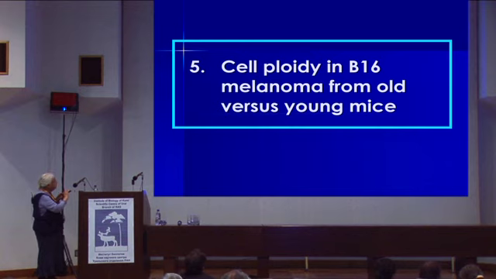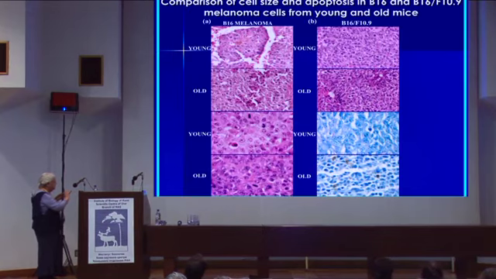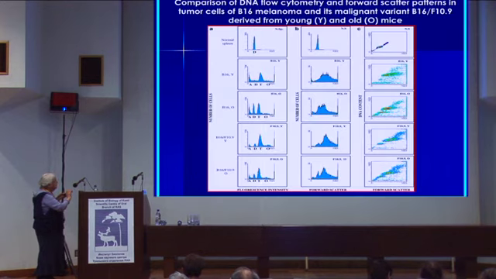And then we observed something more that we did not actually look for, but we observed it, and it is cell ploidy. We saw that the B16 melanomas in young mice are of larger size than in old mice, and we tested why.